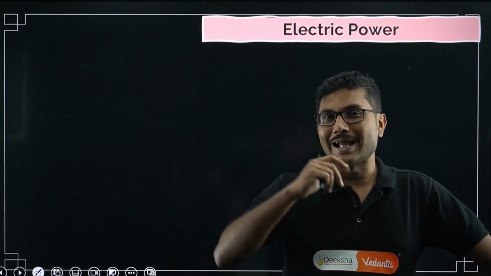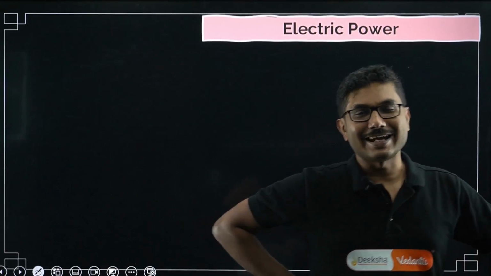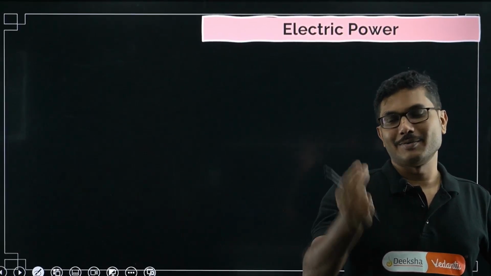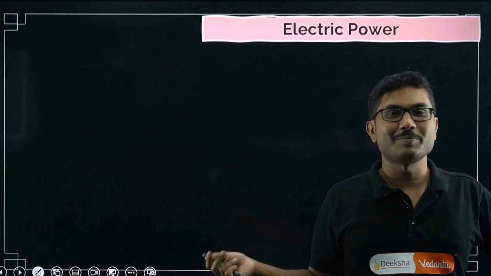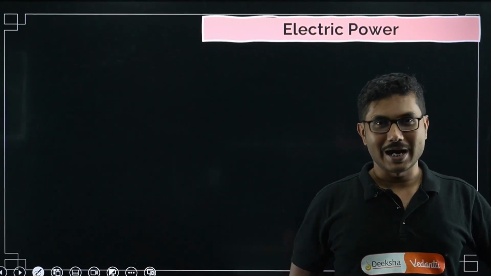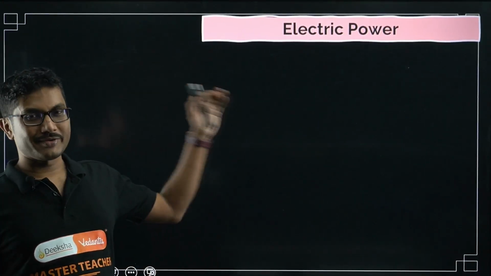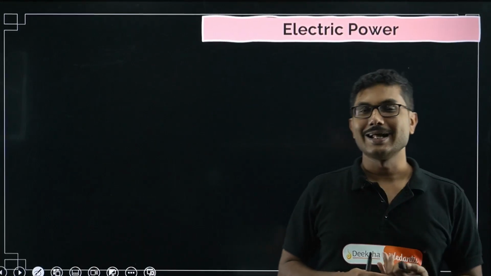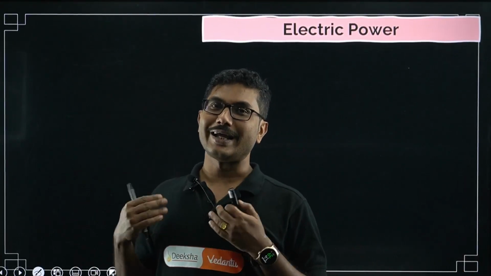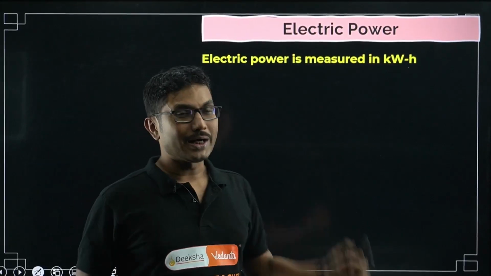The electric power that we say we have used is actually electric energy. Power is per second, so if you are using a high power for 1 second, it does not mean your electric bill will be higher. If you consume more energy, the conventional electric power that we use in our domestic circuit is basically a unit of energy. What is that? That is kilowatt hour.